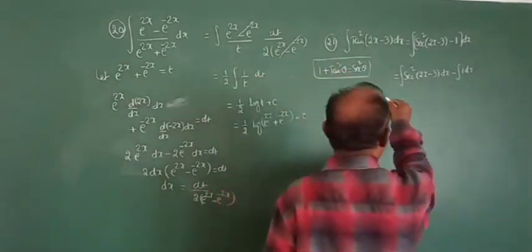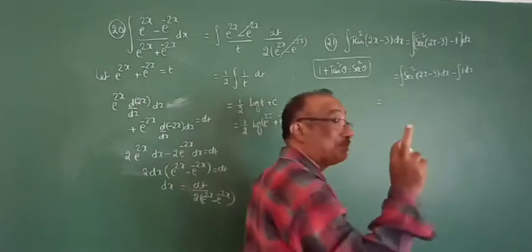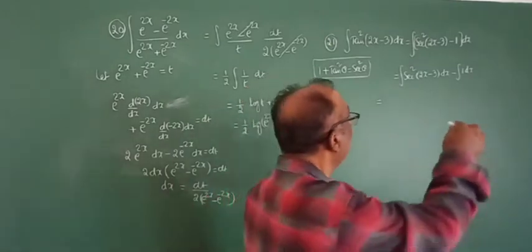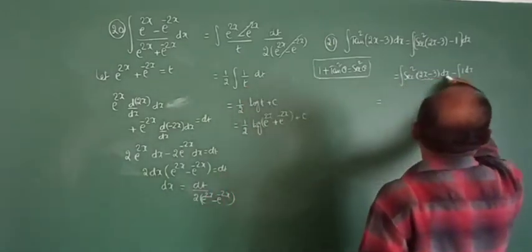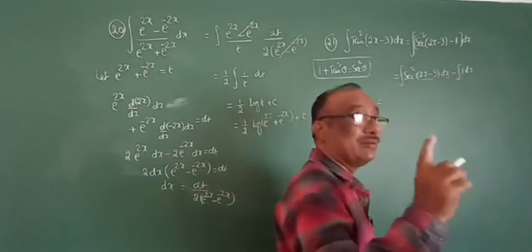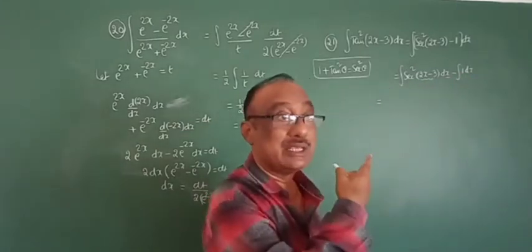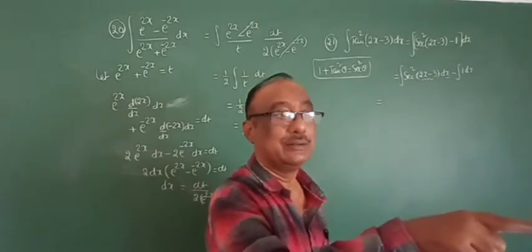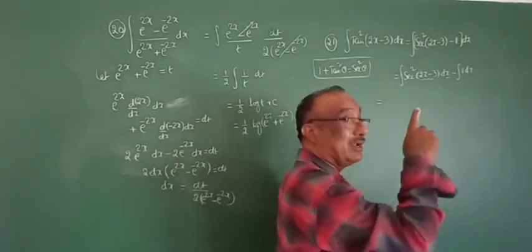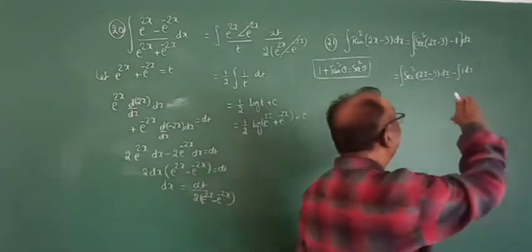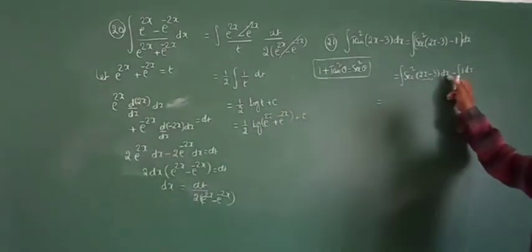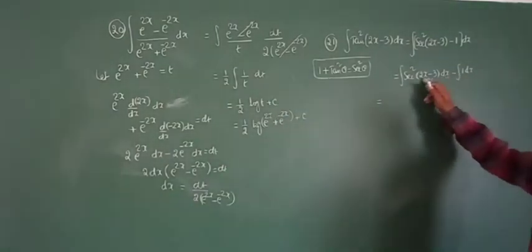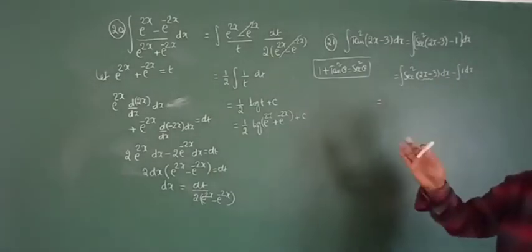So integration is with respect to single x variable, but it is not a single x, it is 2x minus 3. That's why we can apply the chain rule. Okay? So integration with respect to single x variable, but 2x minus 3 is not a single variable.